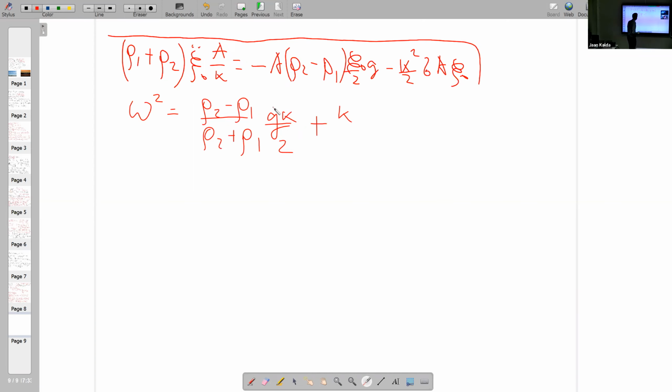And then we have K cubed coming to the next term. K cubed sigma, no A goes away, and divided by rho 1 plus rho 2. And somehow factor 2. But those 2s shouldn't be here. So maybe we can go back and see why we made a mistake by a factor of 2.